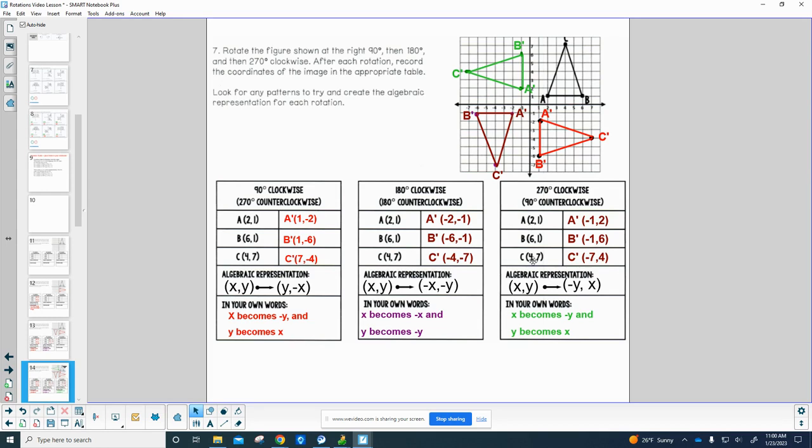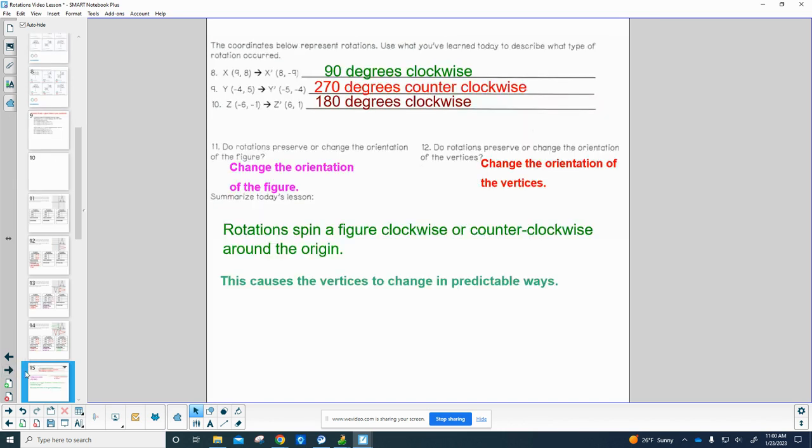All of the original x values are now where the y values used to be, and they don't change sign, they stay the same. So basically what happens, (x, y) becomes (-y, x). And there's kind of a summary of what's going on. So if you get good at these rules, you can pretty much predict what the new coordinates are going to be.